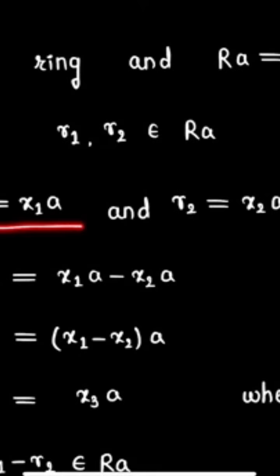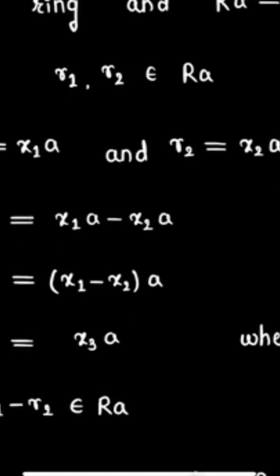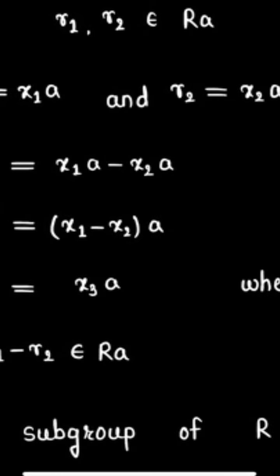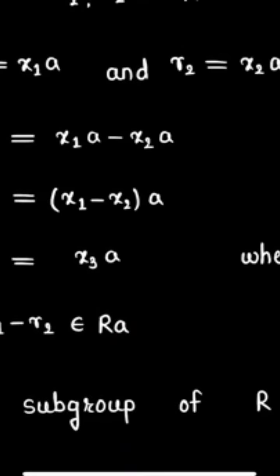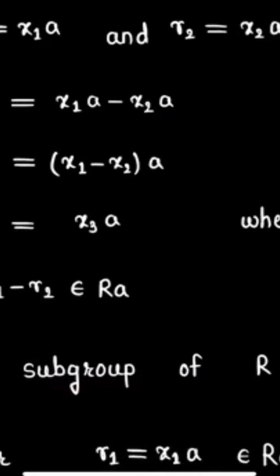Therefore, r1 will be equal to x1a and r2 will be equal to x2a for some elements x1 and x2 in ring R. Then we have r1 minus r2 is equal to x1a minus x2a, which is equal to (x1 minus x2)a, which is equal to x3a, where x3 is equal to x1 minus x2, an element of ring R. So we get r1 minus r2 is some element of ring R dot a, and therefore r1 minus r2 is a member of the set Ra, and thus Ra is a subgroup of R under addition.